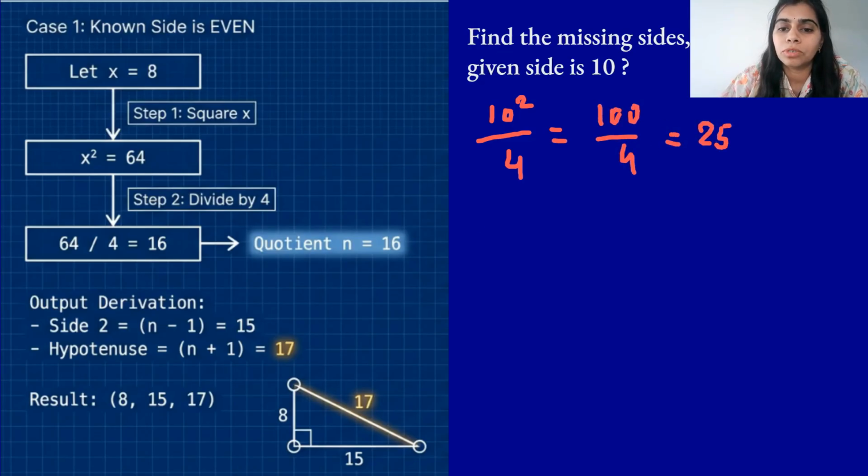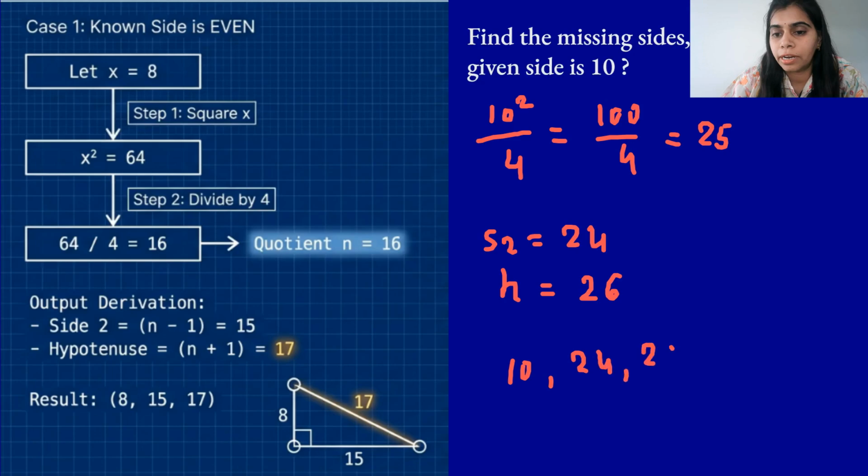Next, to get the first side, we do n minus 1, that is 25 minus 1, so side 2 is 24. And the hypotenuse, side 3, is n plus 1, 25 plus 1 is 26. So our triplet is the given side 10, 24, and 26.